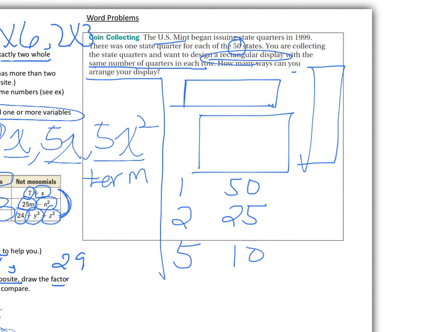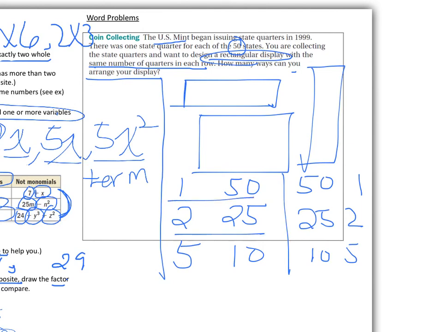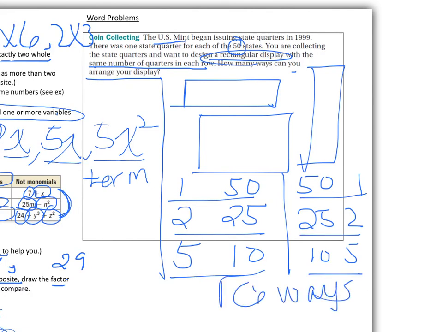I don't think so. So there are 3 ways, but what if we do this? We can also flip it. Flip 10 and 5, 5 and 10, okay? So we have 1, 2, 3, 4, 5, 6. So 6 ways you can arrange the quarters.